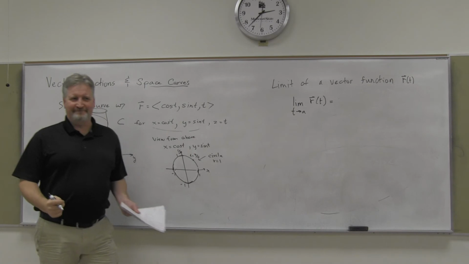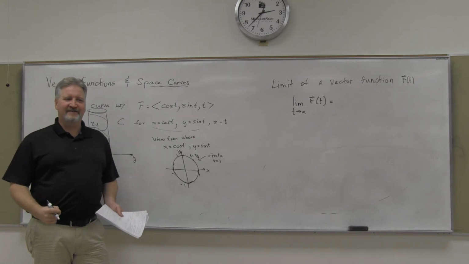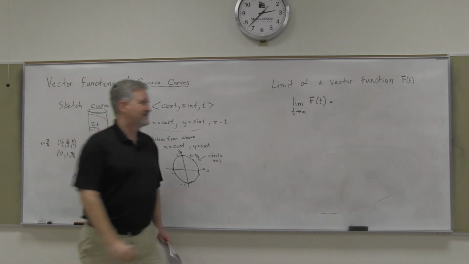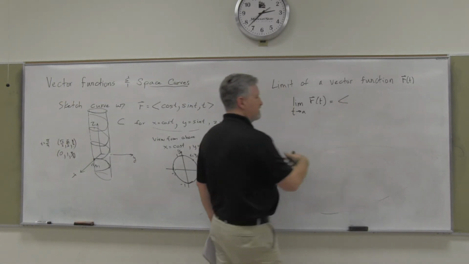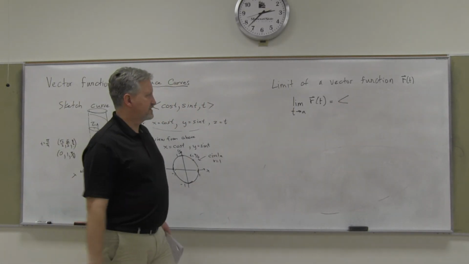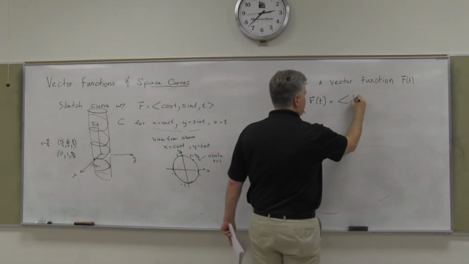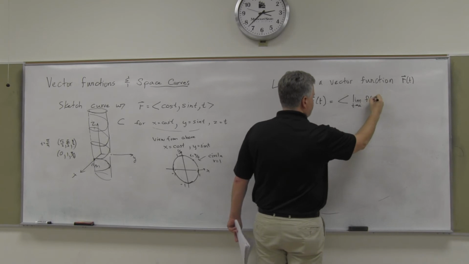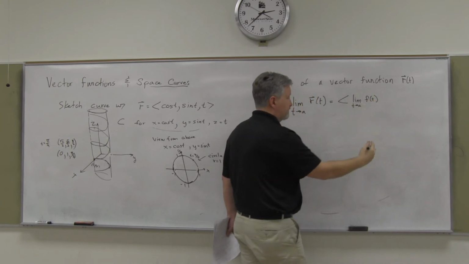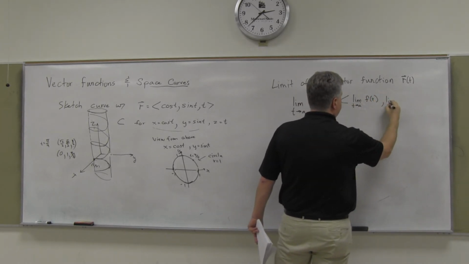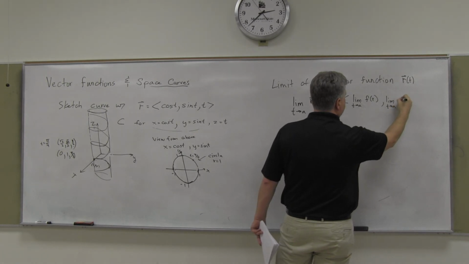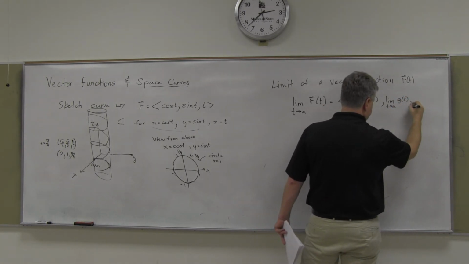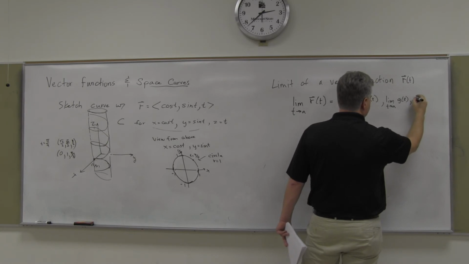The limit of such a thing is just the limit of the component parts. It's going to be a vector function itself, but you just do the limit as t goes to a of the x component, the limit as t approaches a of the y component or j component.